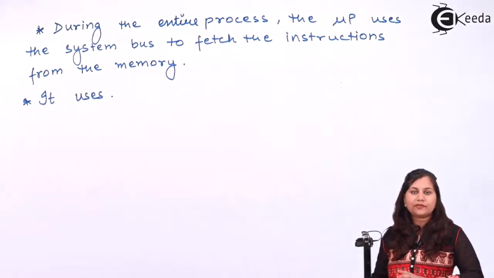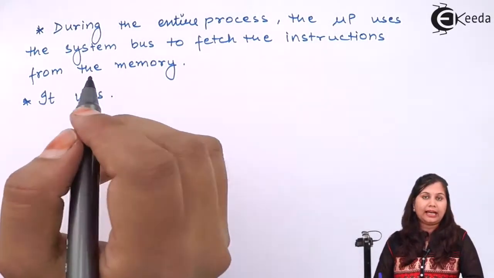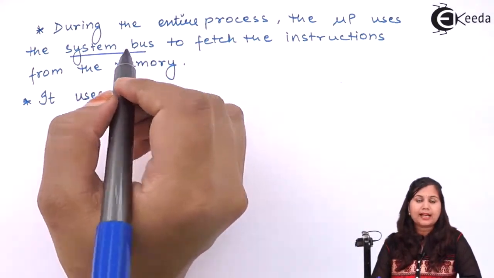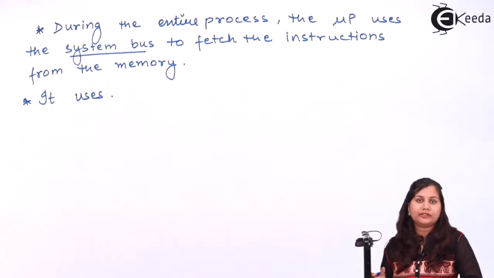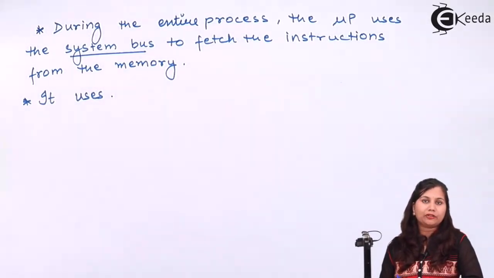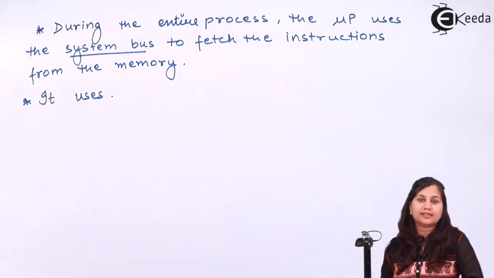Now the data is fetched from the memory using the system bus, and then it is provided to the arithmetic and logical unit to perform the operations. If there is any intermediate result, then the microprocessor uses the registers to store the temporary result.